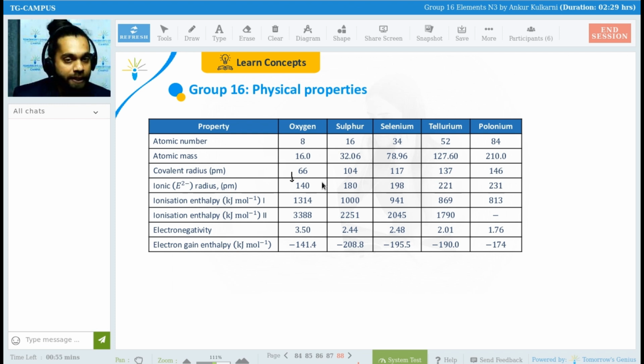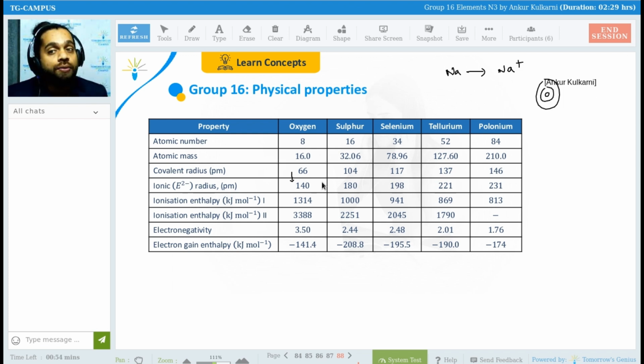For example, your sodium. For ionic radii we look at Na plus. When you go from Na to Na plus, the size decreases, because you remove completely one shell. Sodium is 2,8,1, Na plus is 2,8.